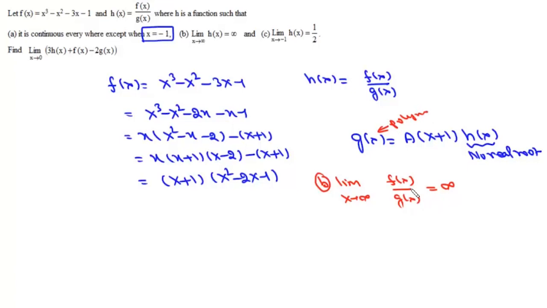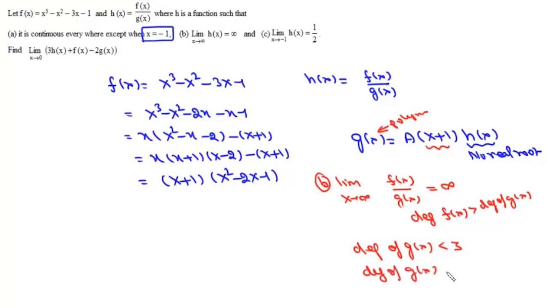Now if this limit is infinite, that means the degree of f(x) must be strictly greater than the degree of g(x). Now the degree of f(x) is 3, so the degree of g(x) will be less than 3. Now we already know there is this one factor x plus 1, so the degree of g(x) can be either 1 or 2.